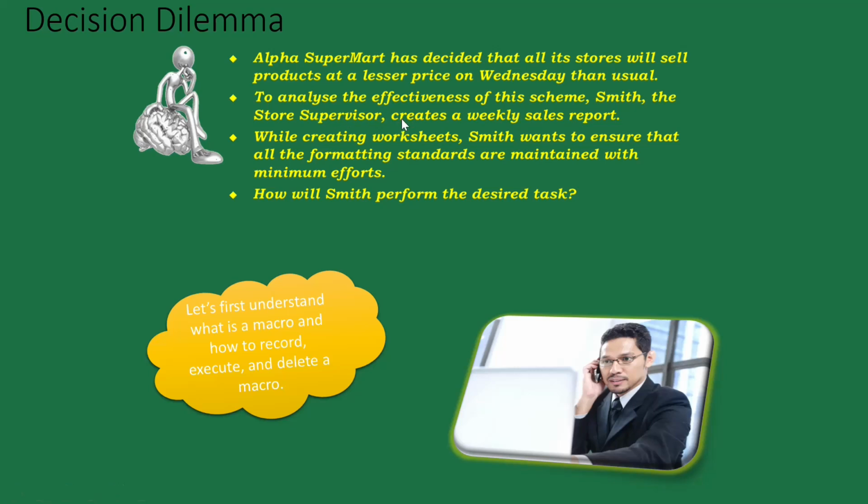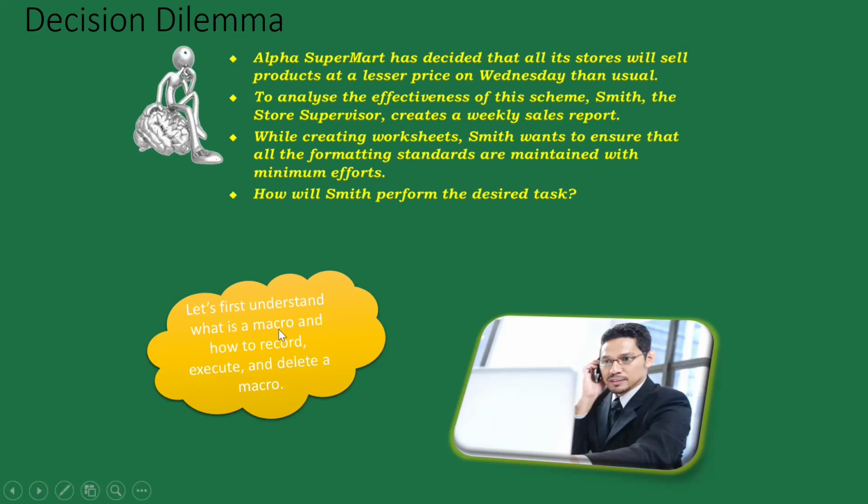While creating the worksheet, Smith wants to ensure that all the formatting standards are maintained with minimum effort, so he doesn't need to do complicated tasks. How will Smith perform the desired task?